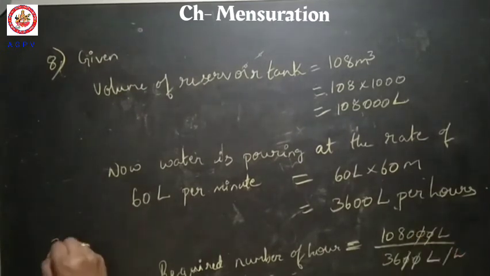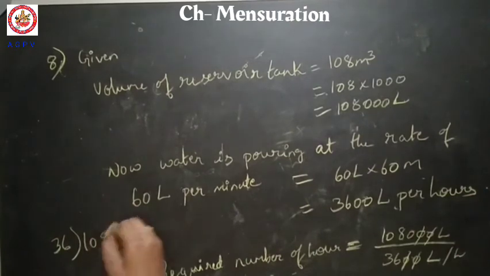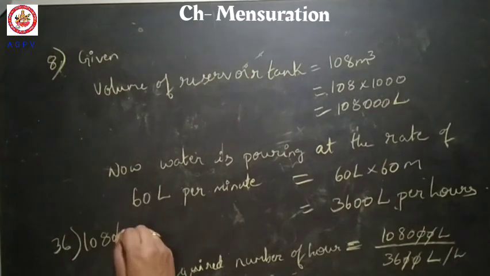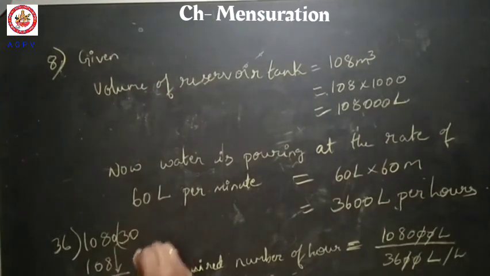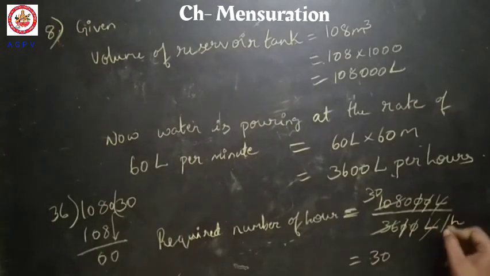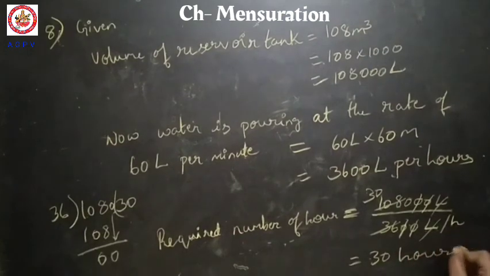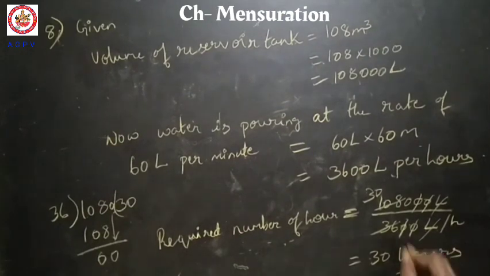So now 108, okay, sorry, 1080. 36 into 3 we are getting 108. So it will become 0, and if you bring this 0 again 0. So we got 30 over here. That is, if we cancel this one, it will become 30. So liter and liter get cancelled. Left out is hours. So 30 hours is required to fill 108,000 liters capacity of that particular tank. Okay, here completes the chapter as well as this problem.